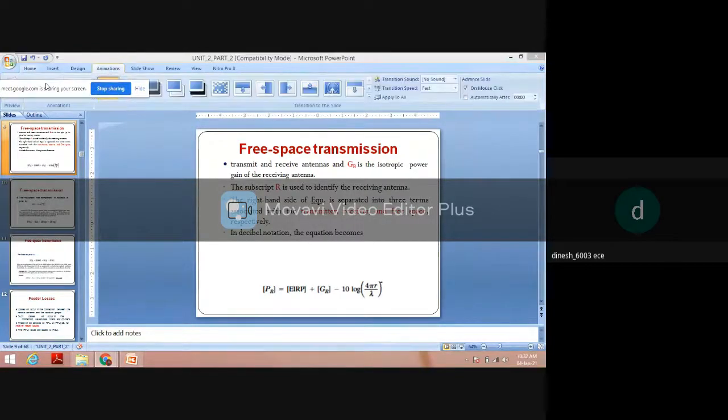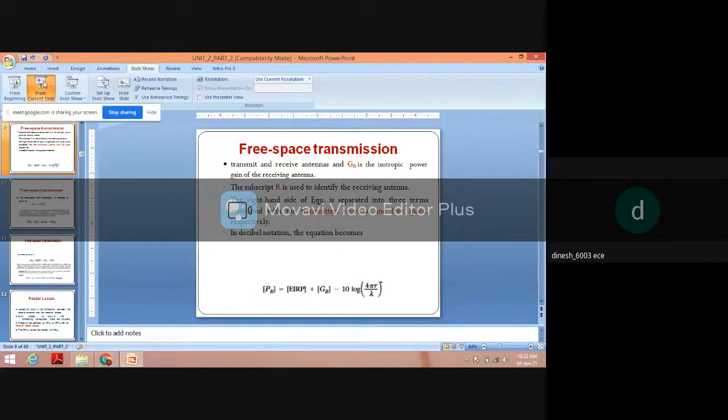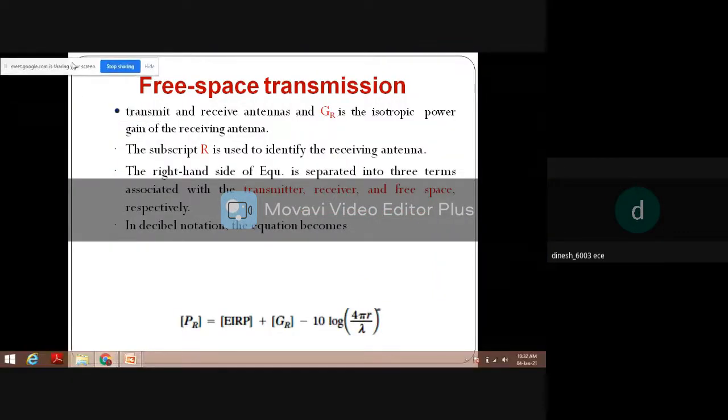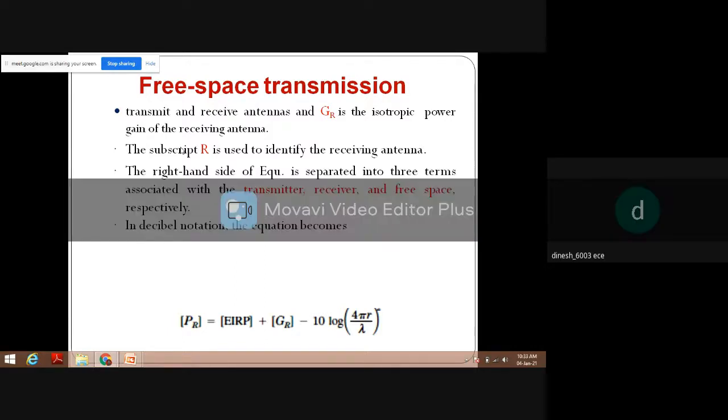The free space transmission is also denoted in decibels, and the right side equation is PR equal to EIRP, the equivalent isotropic radiated power, plus GR, which is the gain in the receiver, minus the free space transmission loss, which is minus 10 log (4 pi r divided by lambda) the whole square.